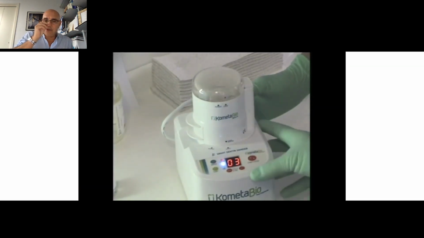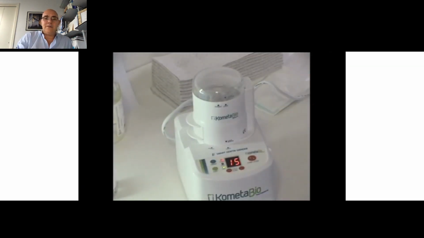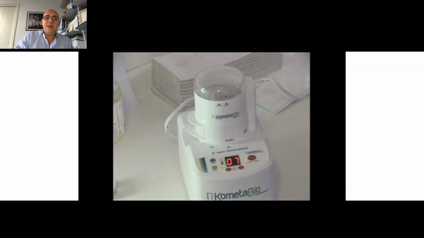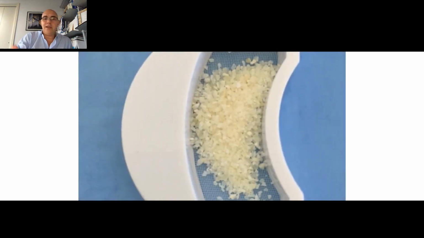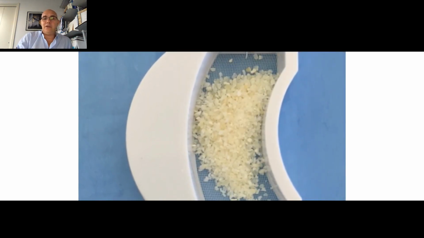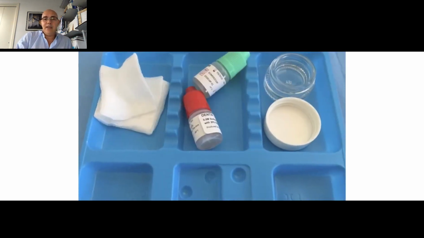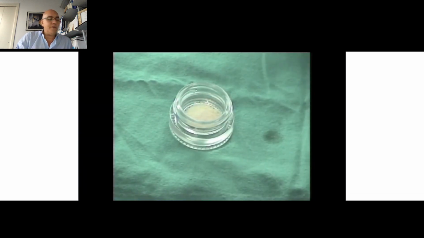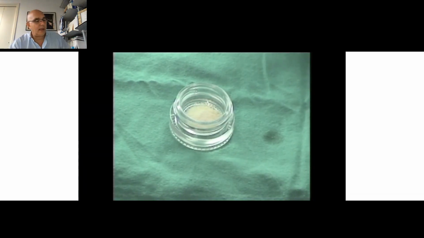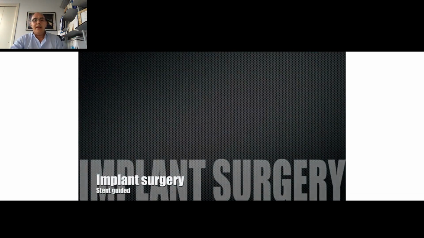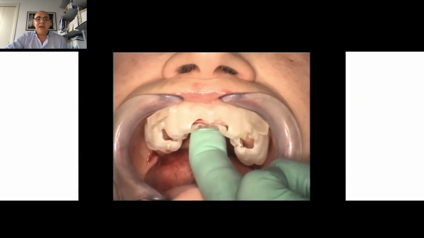So the teeth have to be very, very clean. Again, 3 seconds of grinding, and then 15 seconds of shaking, and then we get nice particles into different shapes. Again, we do first the disinfection and then the sterilization, and then we are ready to place our implants.